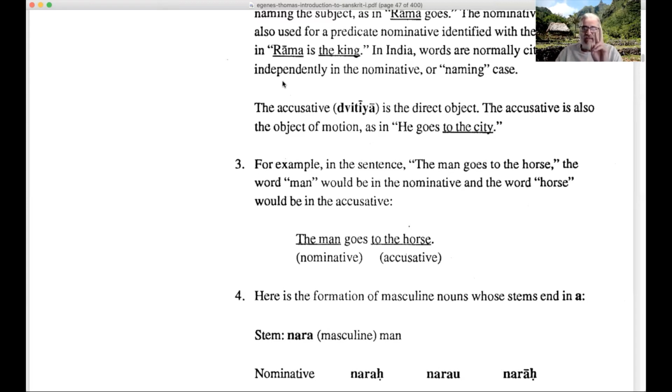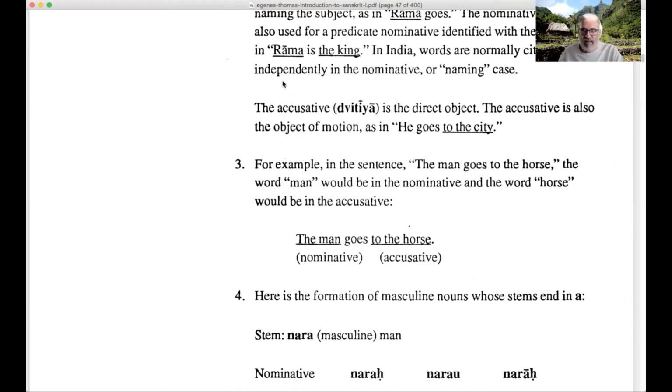Okay, so there's one reason to put something in the nominative case for now, and that is to name it as the subject of a sentence. There are two reasons to put something in the accusative case: either it's the direct object of a sentence, or it represents motion towards that thing, physical motion towards that thing.